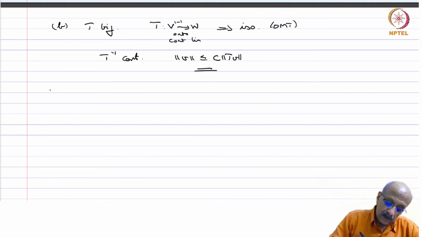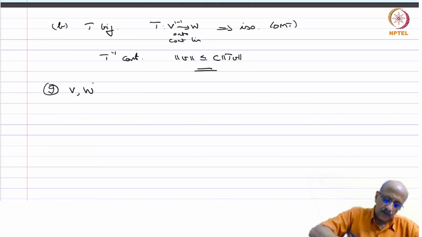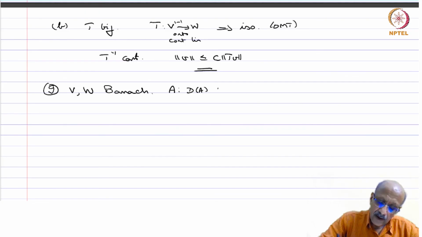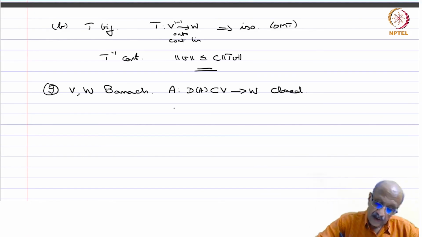Then exercise 9. Let V, W be Banach, and A from D(A) contained in V into W a closed operator. That means the graph is closed. Let B belong to L(V,W), a usual continuous linear operator.